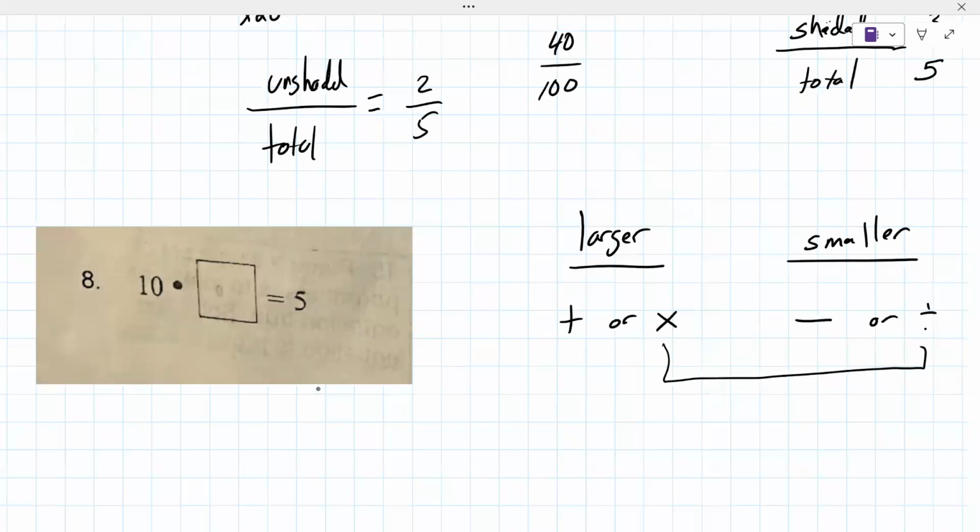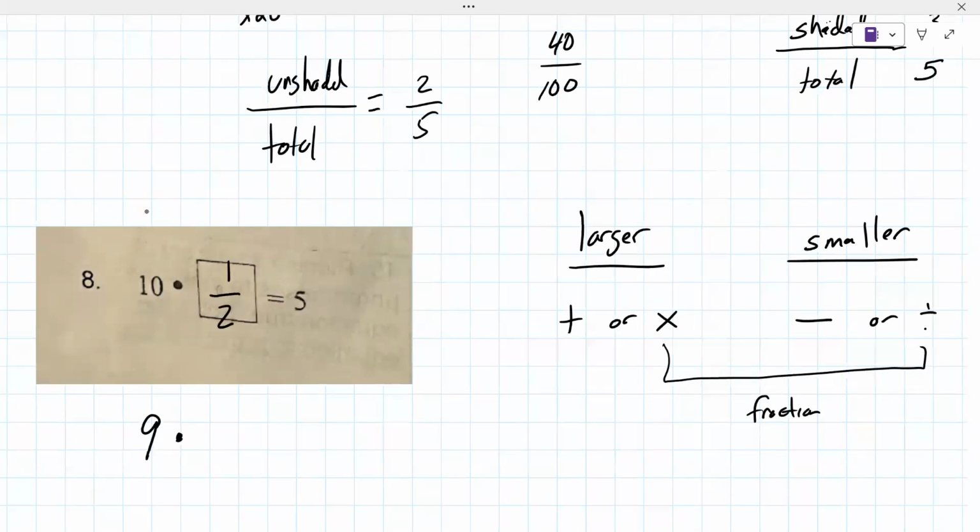So multiplication and division are really the same if you use a fraction. How do you go from 10 to 5? You can't subtract, it's multiplying here. What's the fraction? Like 5 is what part of 10? A half.